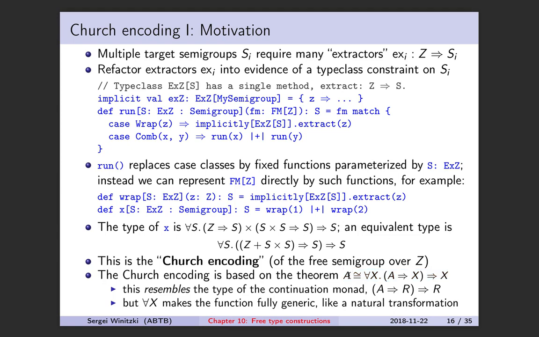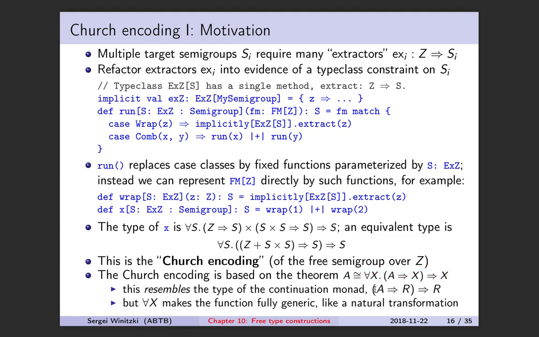What I call the Church encoding of a type A is this type expression. So whatever type A is, you can just say I have a type A, or you can say I have this function parameterized by an arbitrary x with this type signature. That's equivalent to having a type A. So I call this the Church encoding of the type A.